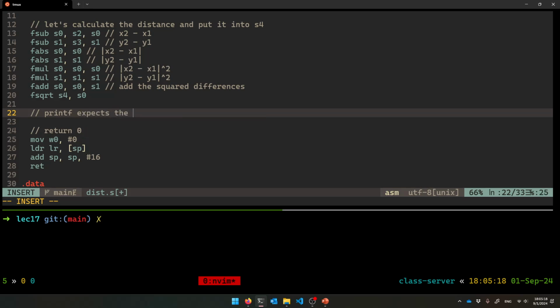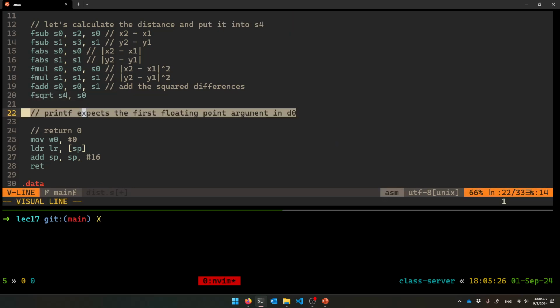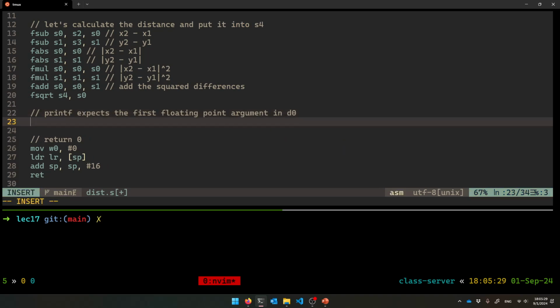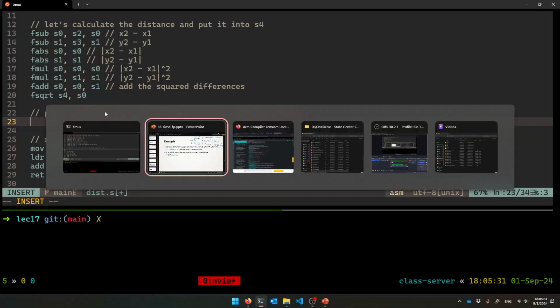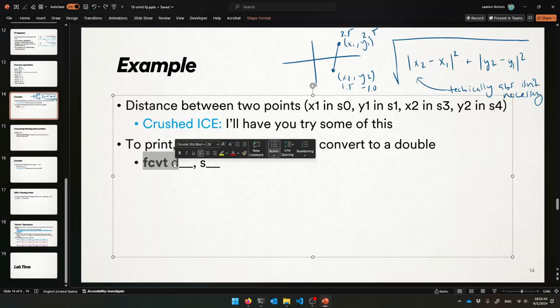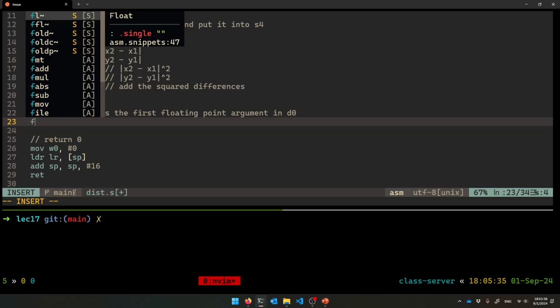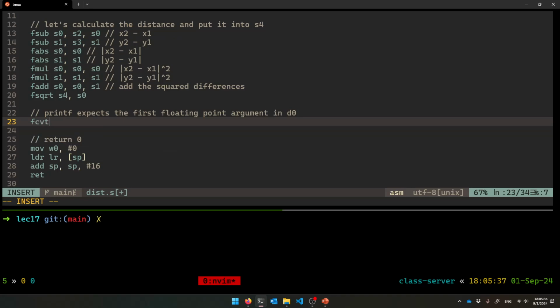Expects the first floating point argument in D0. So we have the answer in S4, got to put it in D0 and also convert it from S to D. All right, so that's going to involve this fconvert into a D register. So fconvert, CVT for convert, into D0 from S4.